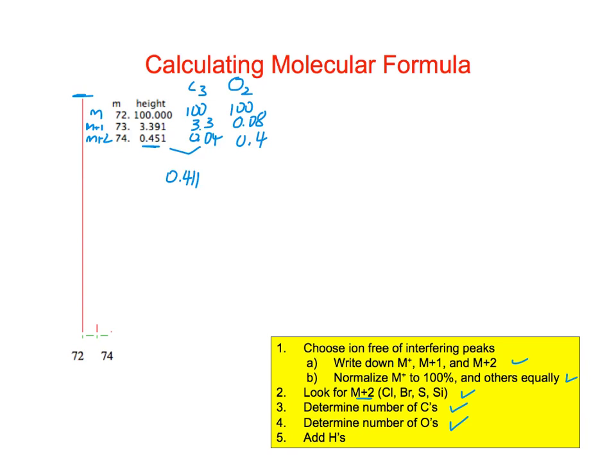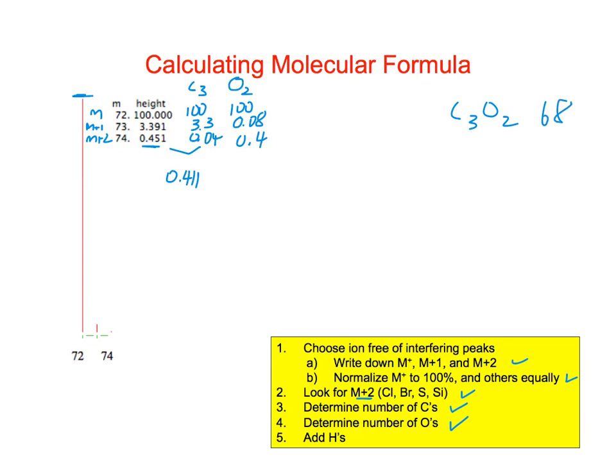Okay, so now what we need to do is add up our masses as well. So we have C3O2. So what does that add up to? Okay, so that adds up to 68, right?